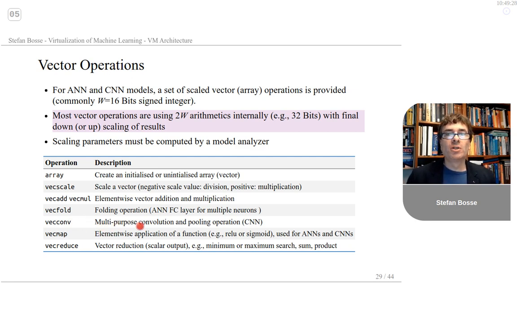The convolutional operation and pooling operation, vecconv, a mapping operation, for example, applying the sigmoid function used in artificial neural networks or CNNs. A reduce operation, for example, performing a sum and product operation on vectors. And all these operations are used to compute artificial neural networks.